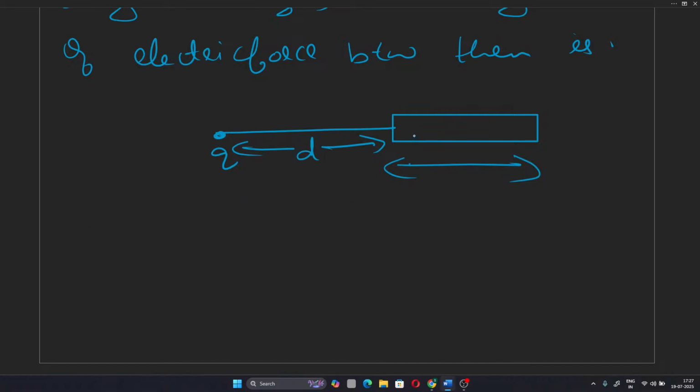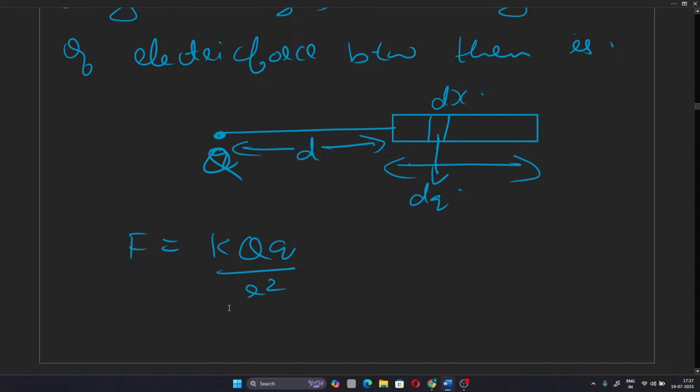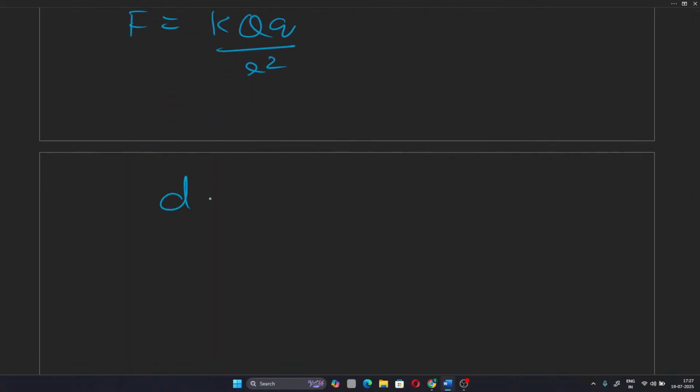Since this is uniformly distributed, that is one of the main criteria, taking a small length element dx and a small charge element dq, the total force equals kqq by r square. Let's take it as capital Q, and since we are taking a small force element, it is dF, which equals kQ dq by r square.